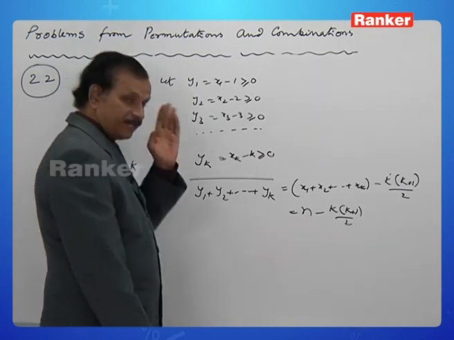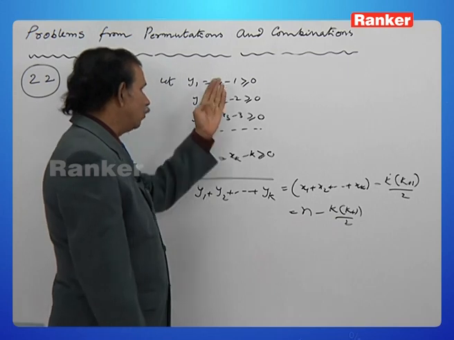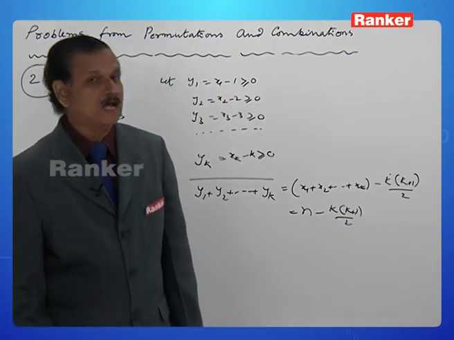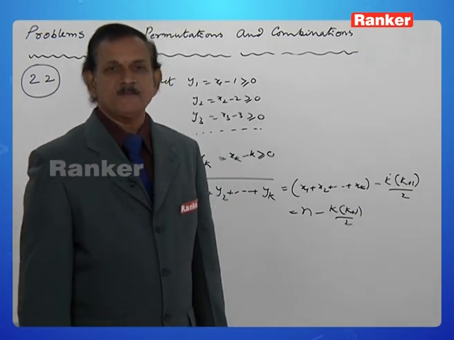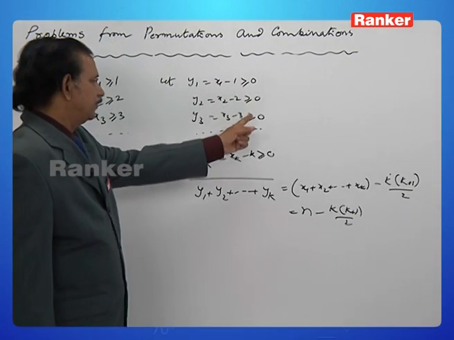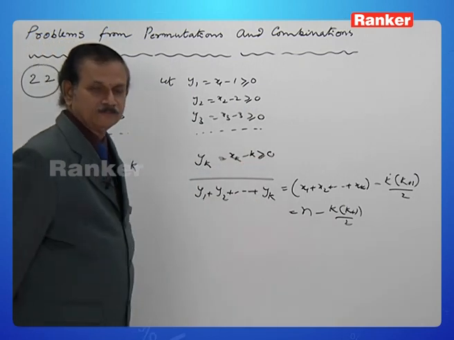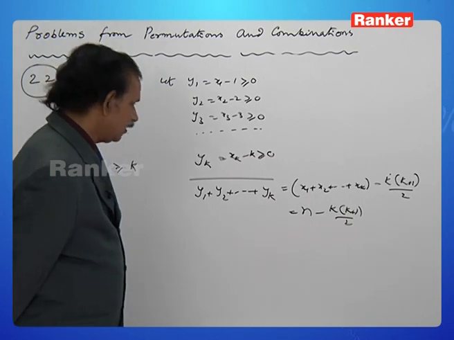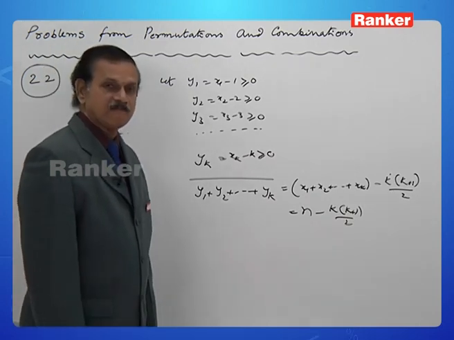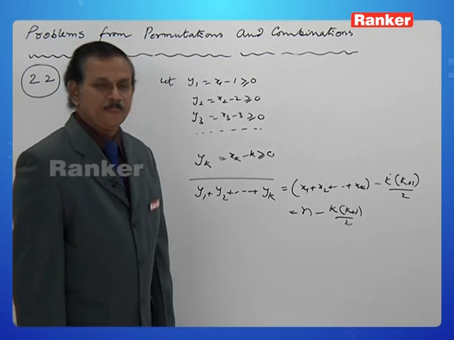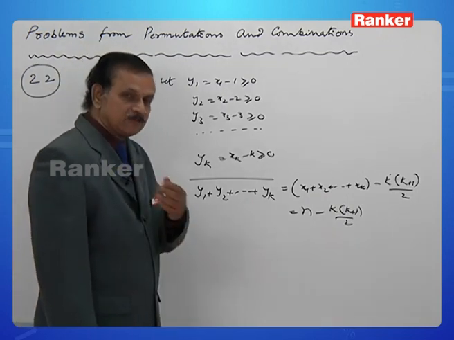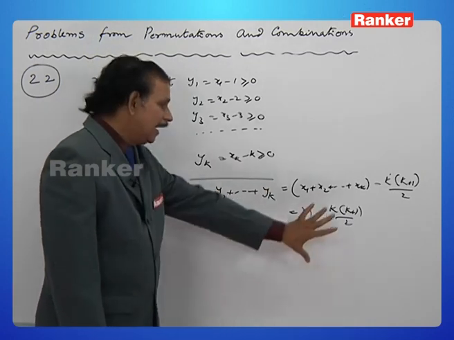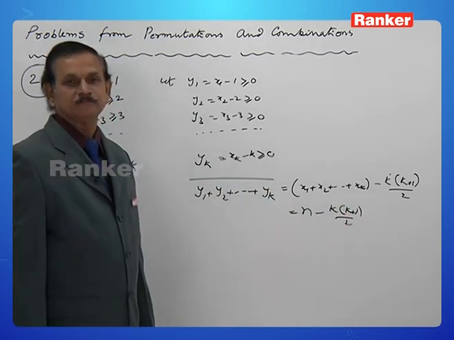Moreover, as the given x1, x2 etc. are all integers, 1, 2, 3 etc. are also integers, hence y1, y2, y3 etc. yk are also integers. Which type of integers? Greater than or equal to 0. Therefore, the actual number of solutions is the number of non-negative solutions of y1 plus y2 plus etc. yk is equal to n minus this.